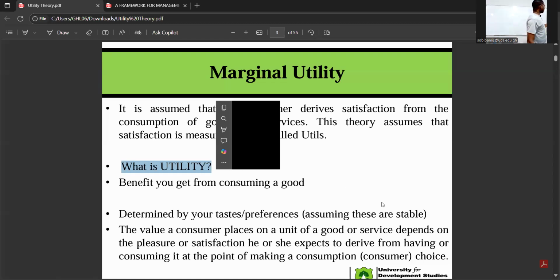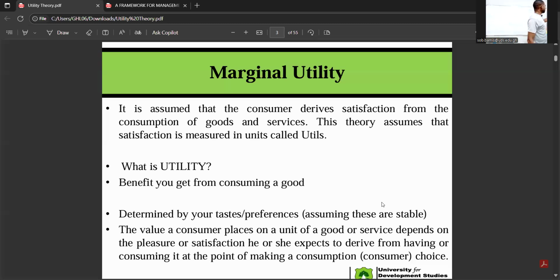But we also have disutility. If the satisfaction we derive is utility, then the dissatisfaction that we derive is what? Disutility. But we have what we call an economic bad, and that gives you disutility.